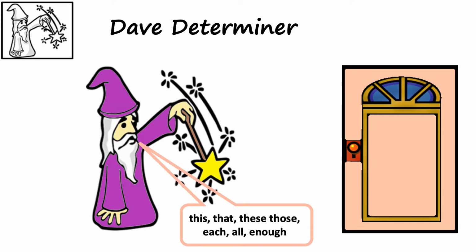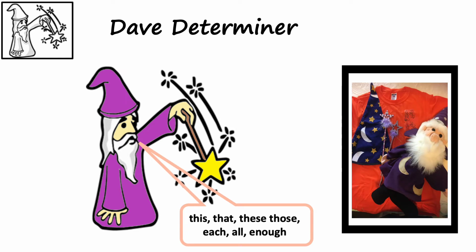Josie's neighbor is Dave Determiner, and he is a wizard, which is like a magician. He loves visitors because he can show them his magic tricks. When you are around Dave, you have to pay attention to what he is pointing at, because instead of naming things, he uses determiners instead. He'll dress in his wizard outfit and give you an outfit to wear too.